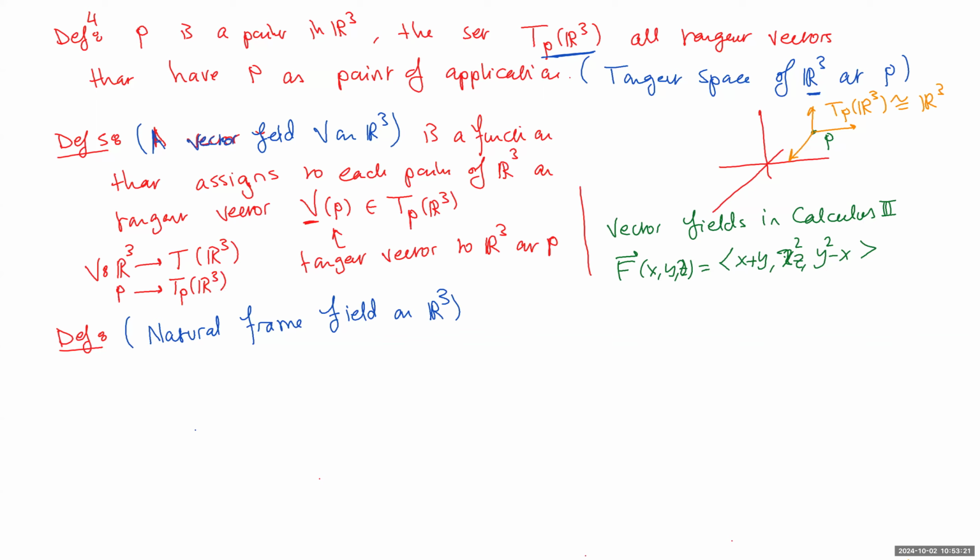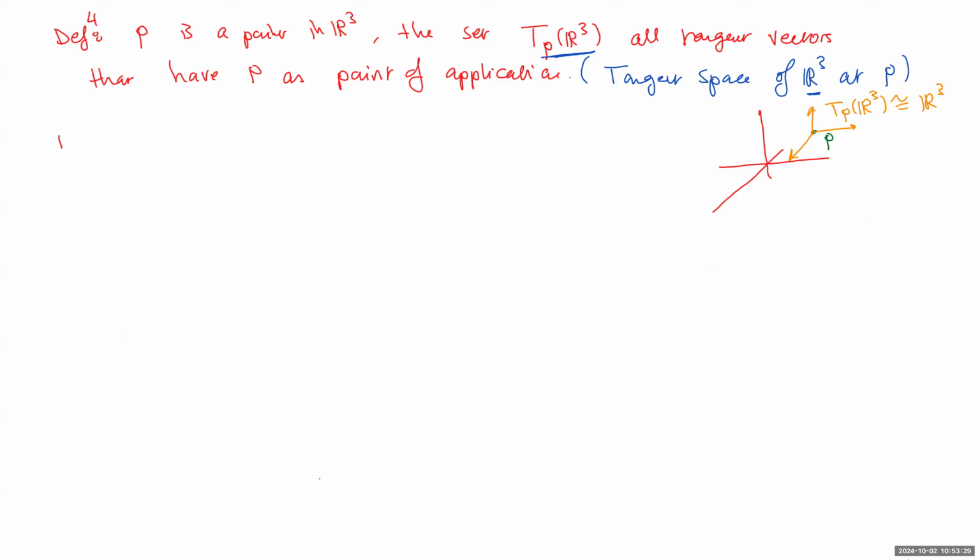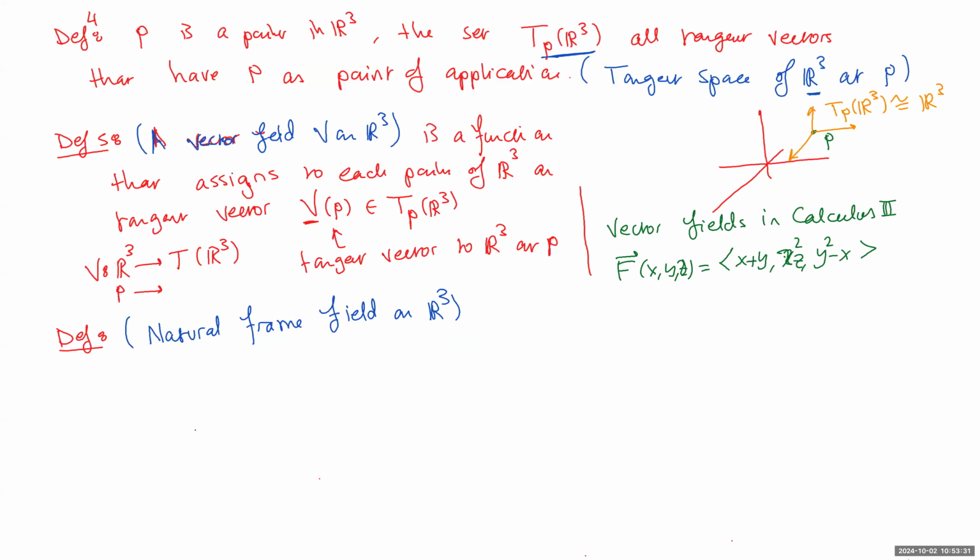So it's going to be V_P, which we also write as V subscript P, and this is an element in the tangent space at P of R3.